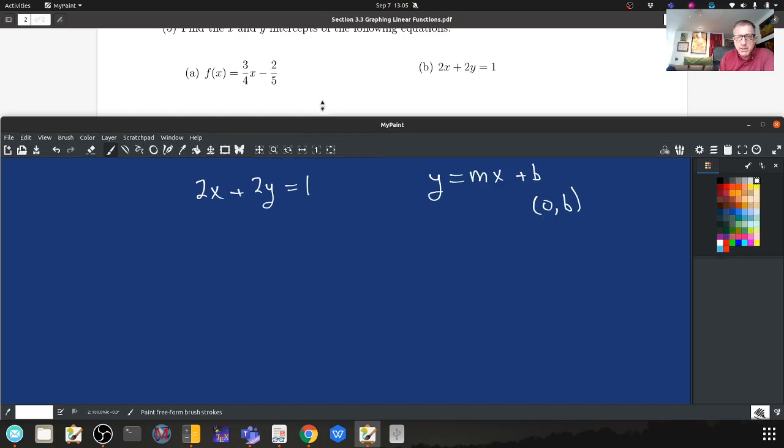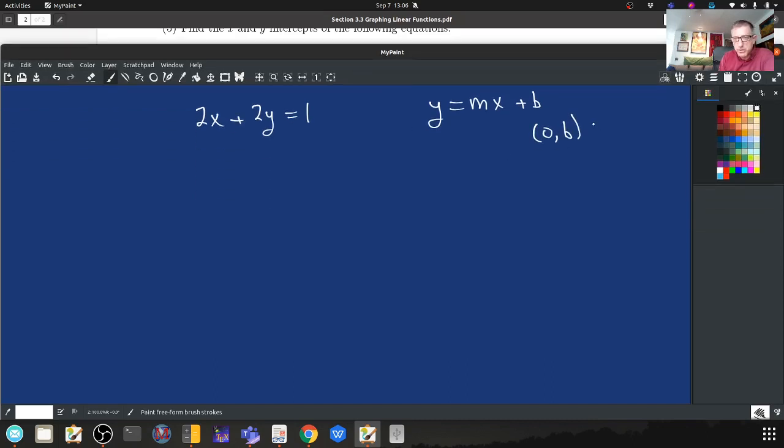But we're going to do it a different way. By doing so, the work pays off that you find the y-intercept easy. But you still have to find the x-intercept, and the x-intercept requires that you set y equal to 0. So let's just do it another way.